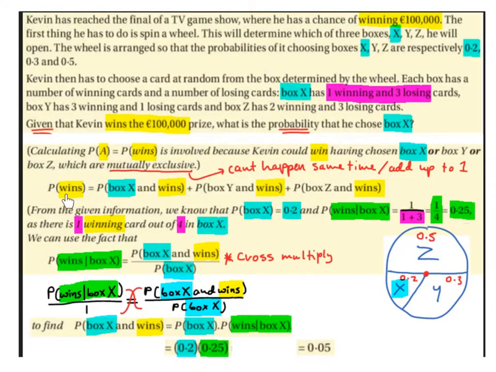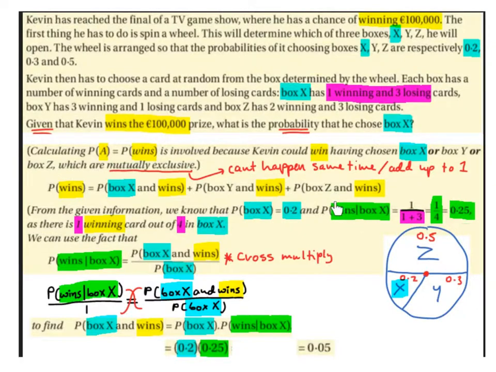So the probability that he wins is going to be the probability of box X and wins plus the probability of box Y and wins plus the probability of box Z and wins. From the given information, we know that the probability of box X is 0.2. So that was given to us in the question.